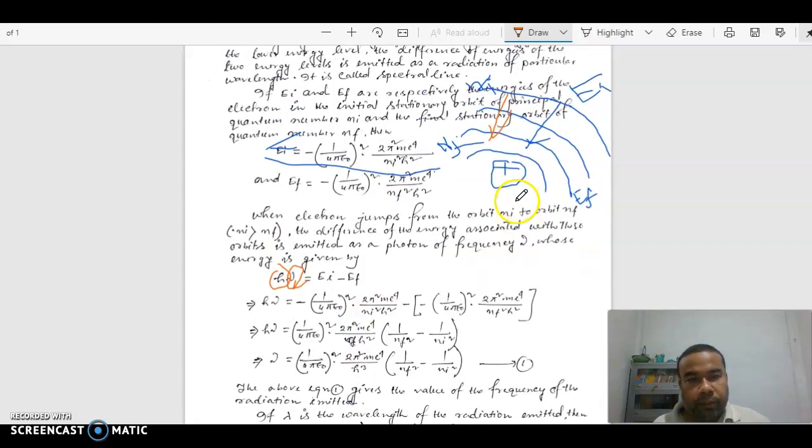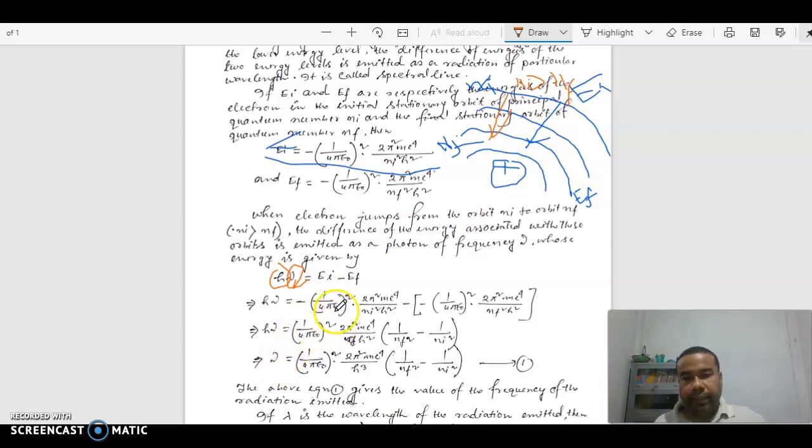Since we have considered Ni greater than Nf, the difference of energy is Ei minus Ef equal to h nu.